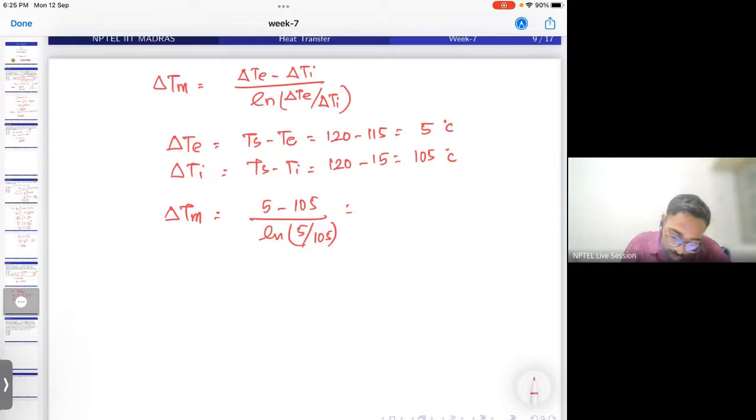So the log mean temperature difference is 32.84 degrees Celsius.